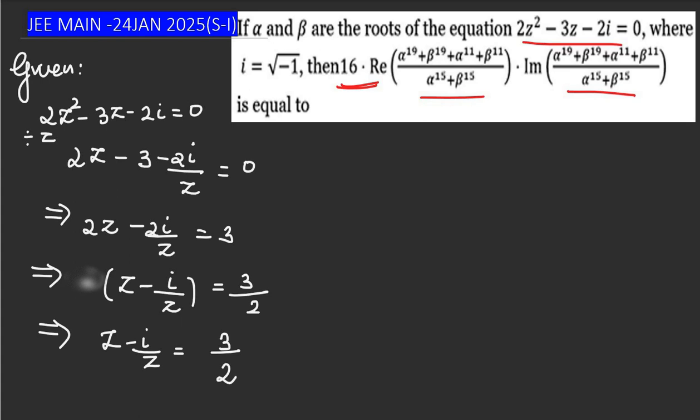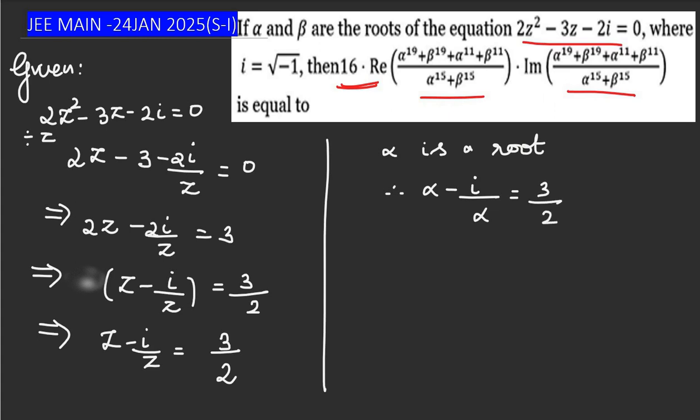Now let me square. Alpha is a root of the given equation. Therefore, I can write alpha minus iota by alpha is equal to 3 by 2.